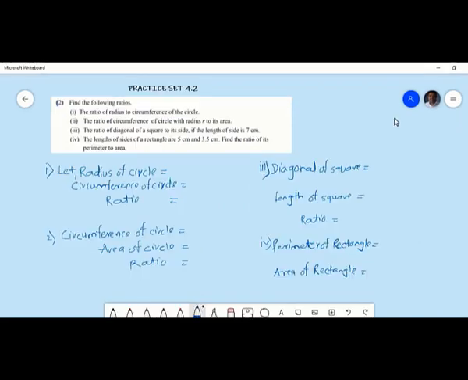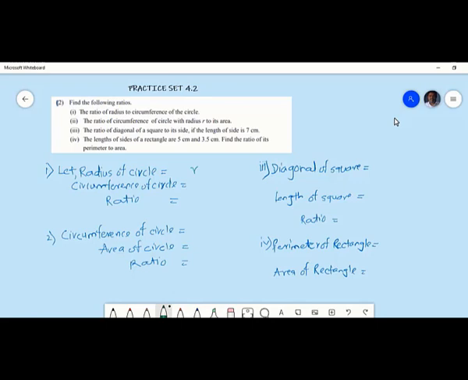Question number 2. Find the following ratio. First example, the ratio of the radius to circumference of the circle. We solve it. Let the radius of the circle equal to r.